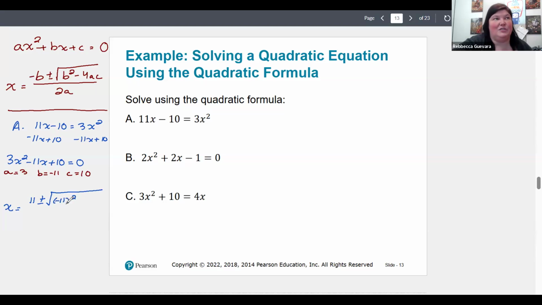Make sure the negative gets squared, because the b squared component should always become a positive. Minus 4 times a, which is 3, and c, which is 10. And all this is divided by 2a, and a was 3.